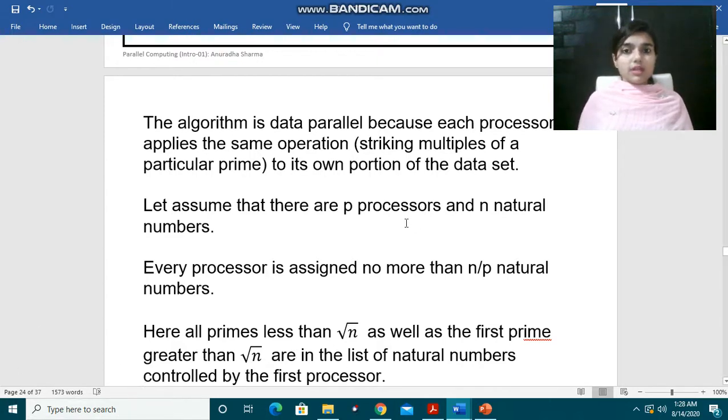Here we have P processors and n natural numbers.